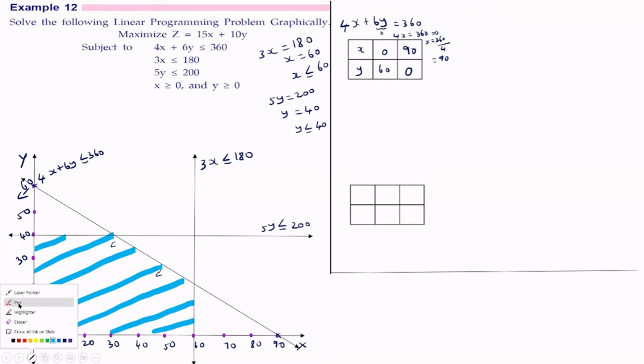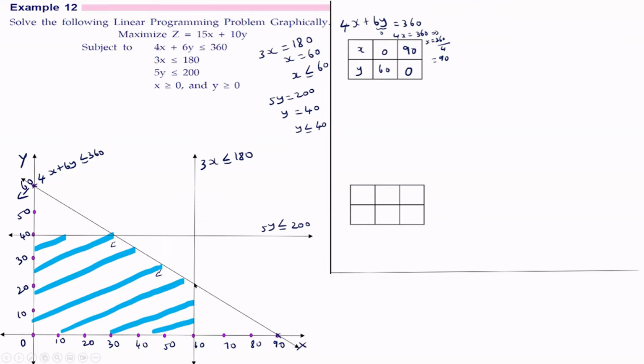So up to this step, the corner point method and the isocost or isoprofit method are the same. That is, we have to find the feasible region and we have to note down the corner points. So these are the corner points.